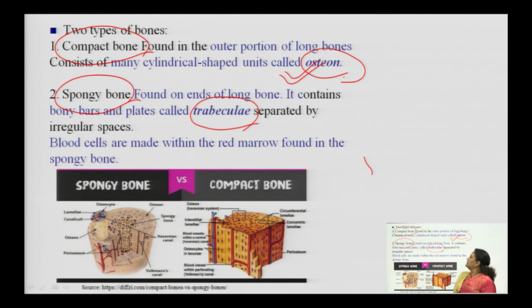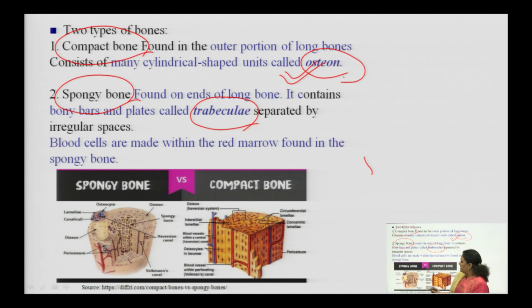Spongy bone is found on the ends of the long bone, and it contains bony bars and bony plates, known as the trabeculae meshwork, and these trabeculae are separated by irregular spaces. The example is the blood cells. These cells are made within the red bone marrow, which is found in the spongy bones only.